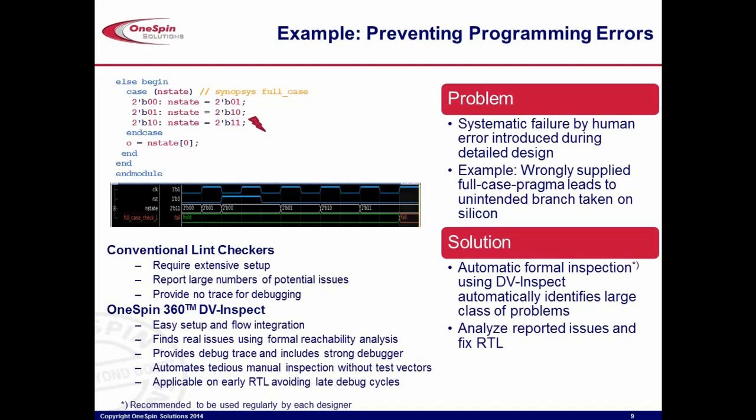The other major point is to use the formal engine to find only the real issues, either proving that things are fine, or pinpointing the real issue and bringing up actual traces to quickly debug these real issues. It's highly automated, and it's applicable on early RTL, so you don't need the testbench. As soon as you have some RTL, you can run 360 DV-Inspect and detect a large number of issues, or, on the other hand, make sure that all these issues are flushed out and you don't have this kind of systematic failure.